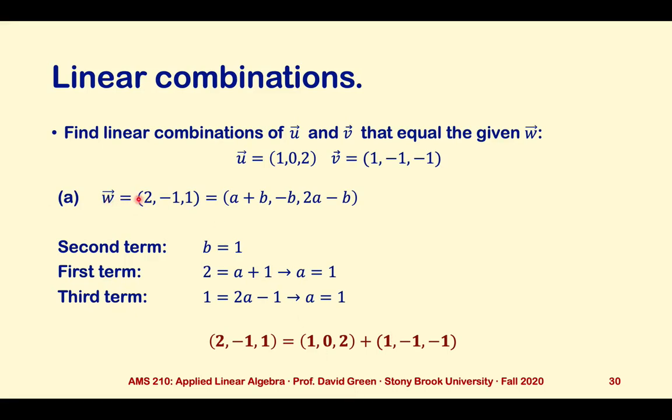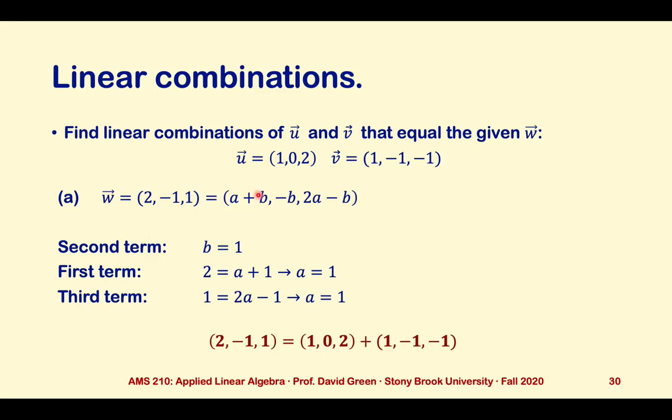If w is 2, negative 1, 1, what we'd like is a plus b to equal 2, negative b to equal negative 1, and 2a minus b to equal 1.